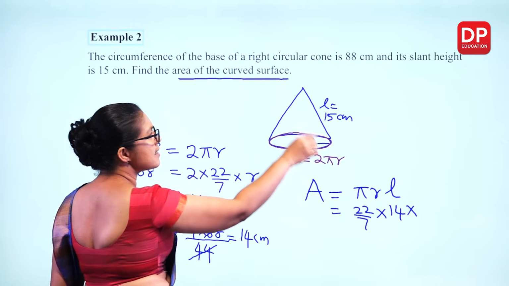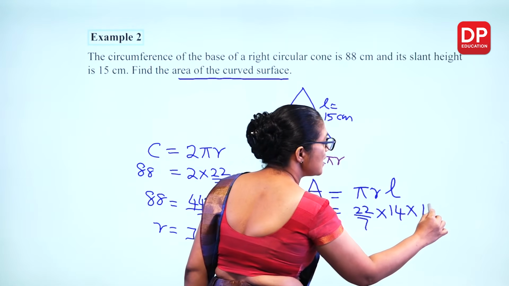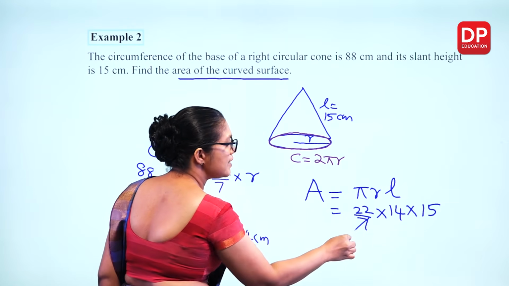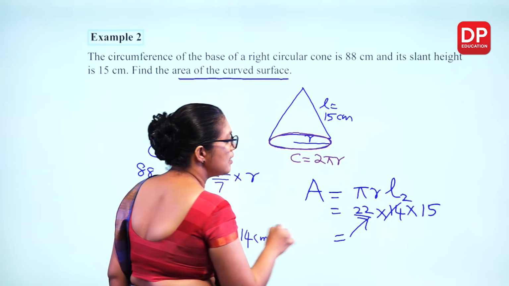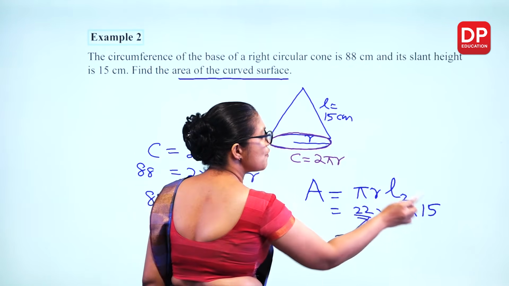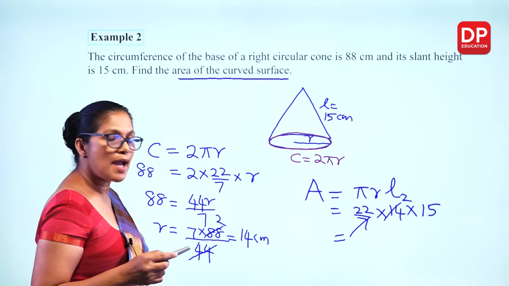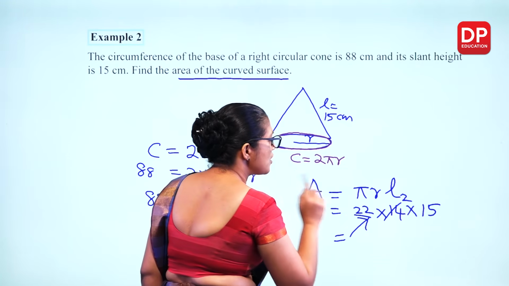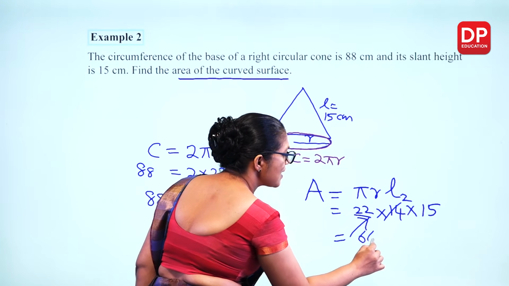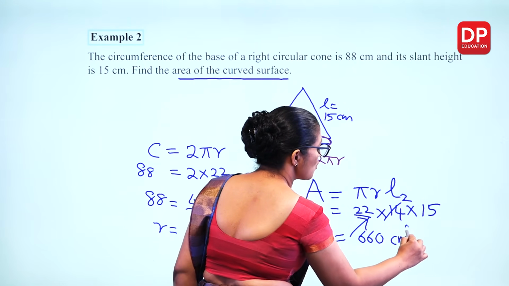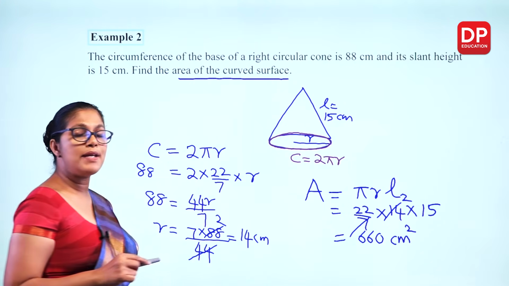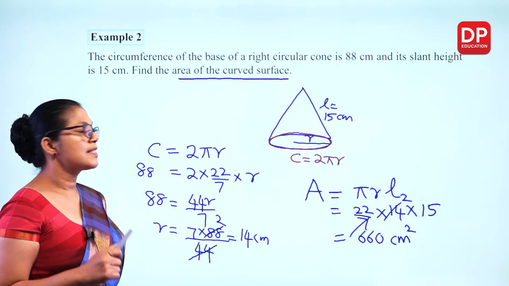And what's the slant length or slant height? It is 15. So when you multiply this one, you get 2 here. And 2 times 15, 30. 30 times 22 means 22 times 3, 66, and put a 0. So square centimeters, so 660 square centimeters for the curved surface.